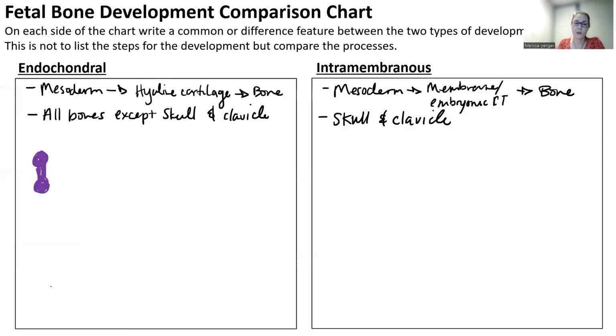of my bone, okay? Then the first thing that I'm going to do is take that hyaline cartilage, and on the area where I have my diaphysis, I'm going to start to build bone. So I'm going to take my hyaline cartilage model that probably has expanded just a little bit here, and I'm going to put the cartilage in each epiphysis.